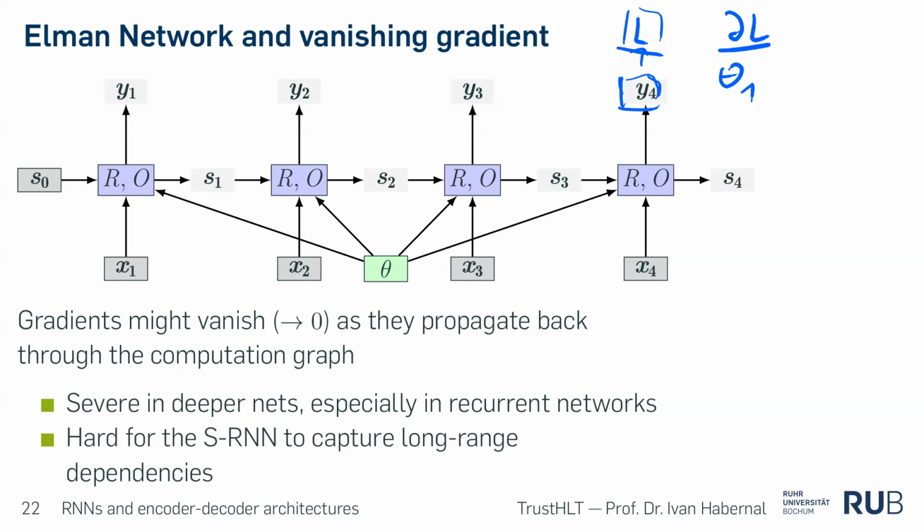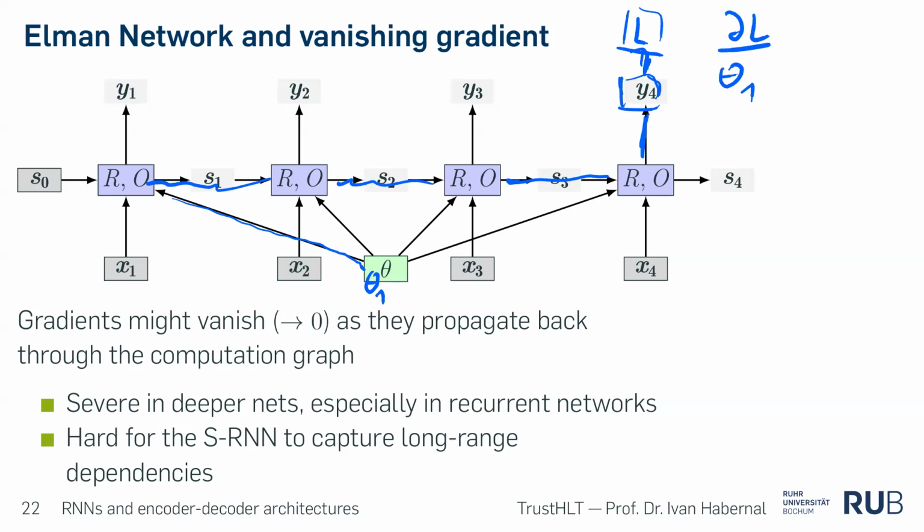And now the flow of the gradient. If you remember the chain rule, we're making a product, multiplying all these gradients back through the network. We're multiplying this gradient with this gradient, with this gradient, back to the parameter theta 1. We're multiplying a lot of things.